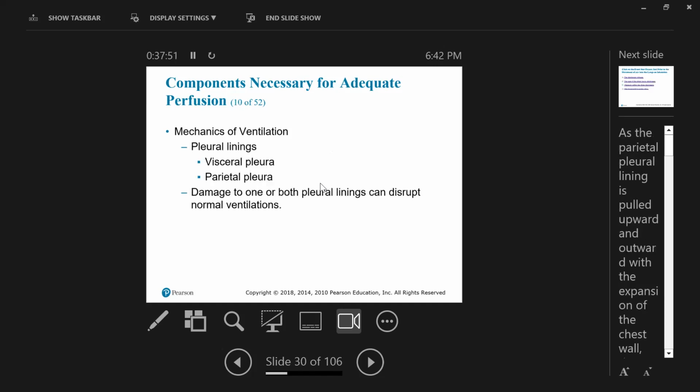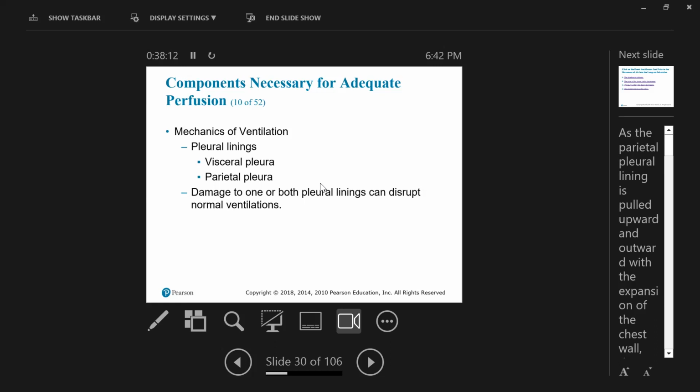There's pleural lining, which basically, remember, what does the visceral lining cover? Because remember, we have two linings. One's called the visceral pleura and the other one's called the parietal pleura. The parietal pleura covers the cavity itself.